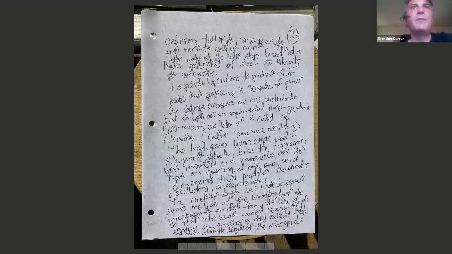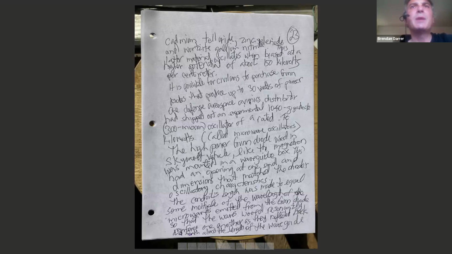It is possible for civilians to purchase gun diodes that produce up to 30 watts of power.